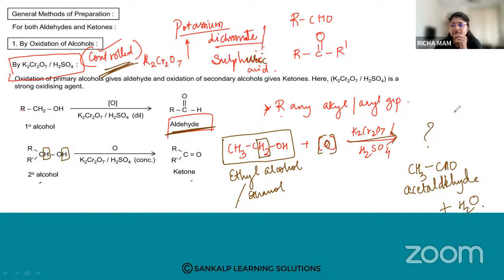Let us see an example. CH3CH(OH)CH3 in the presence of K2Cr2O7 in the presence of H2SO4. Can you tell me the answer now?